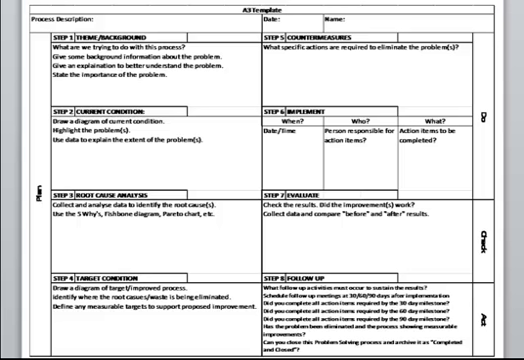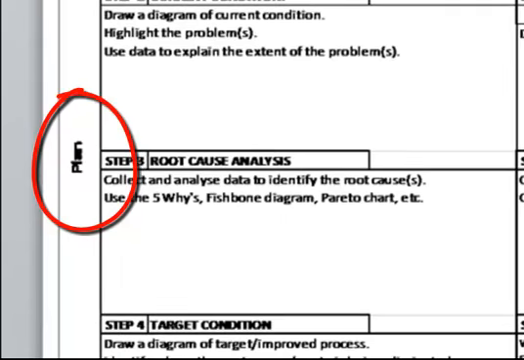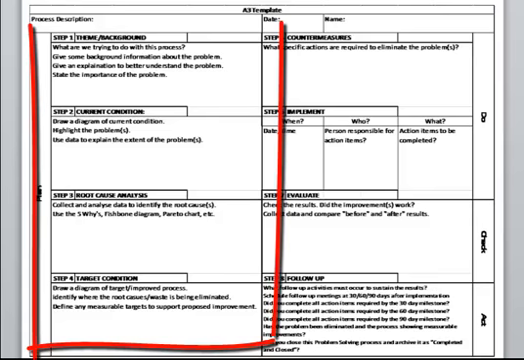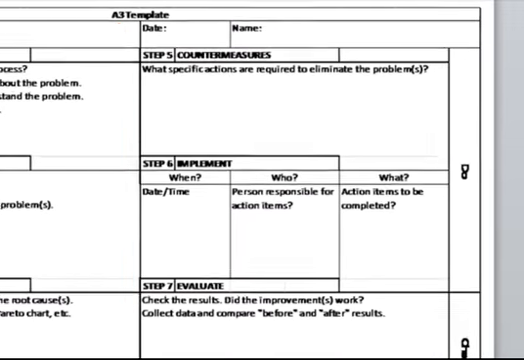The other thing that you'll notice about the A3 template is that it follows the PDCA, or the Plan, Do, Check, Act format. In the left hand side you can see the vertical column, which has the plan. So everything step 1 through 4 is about planning.